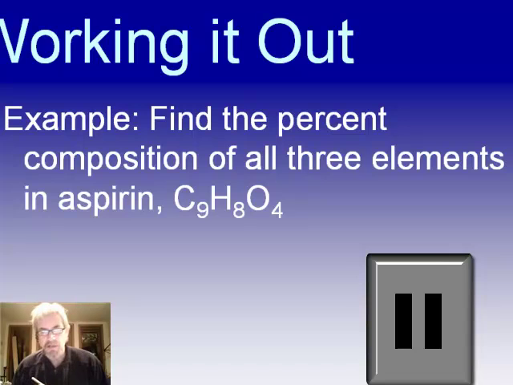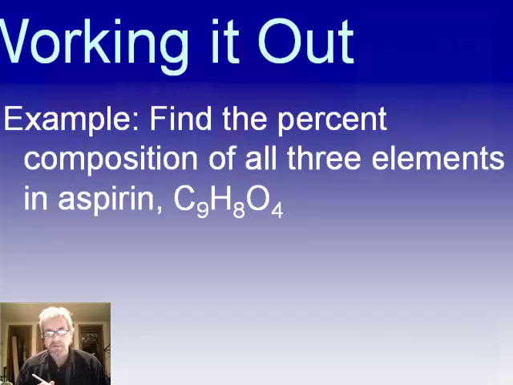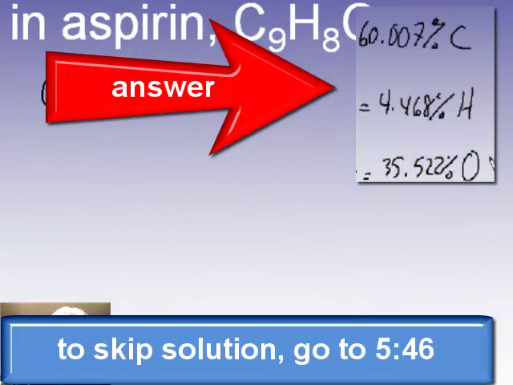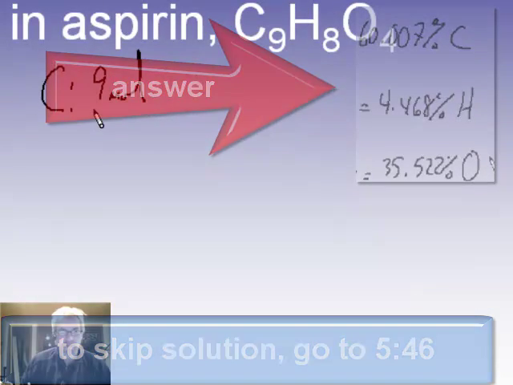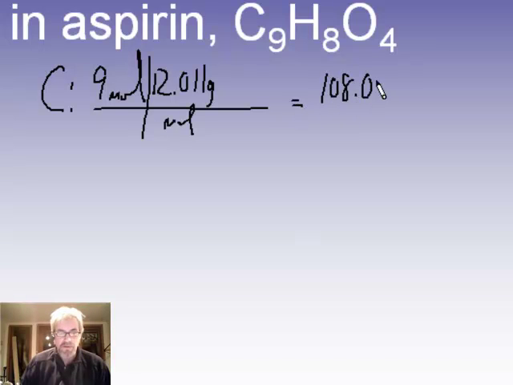Stop the video, give this your best try, and I'll come back with an answer so you can see if you've done it right. Okay, starting out with carbon, I have 9 moles, because that's my subscript, and I'm multiplying it by the molar mass of carbon, which is 12.011 grams per mole. That's going to give me 108.099 grams of carbon.